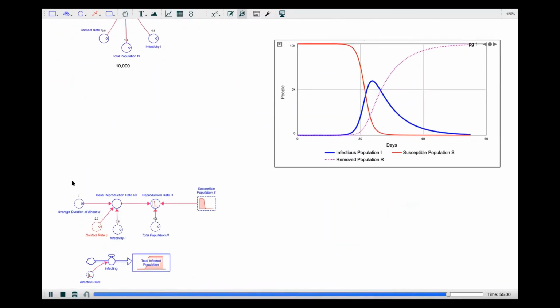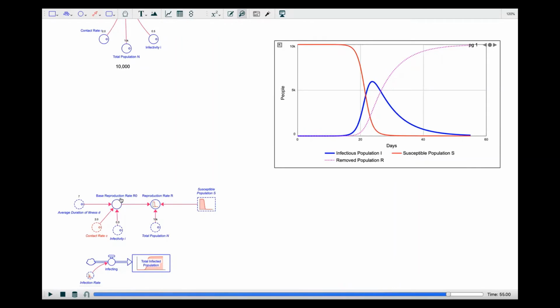And there's a structure for calculating the R naught, which is the base reproduction rate, and the reproduction R. And by the way, even the computation of R naught and R, people have a few tweaks that they use in order to compute these numbers. These numbers represent an aggregation of several things that is happening. It aggregates the contact rate, it aggregates the infectivity of a virus, which, who knows what these numbers are, but people probably go to the data from previous viruses and try to compute that.